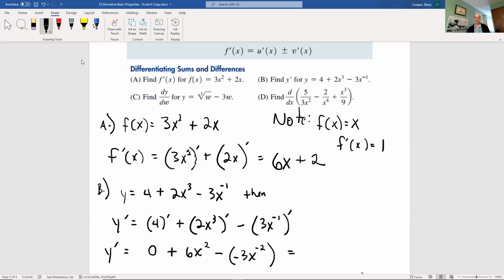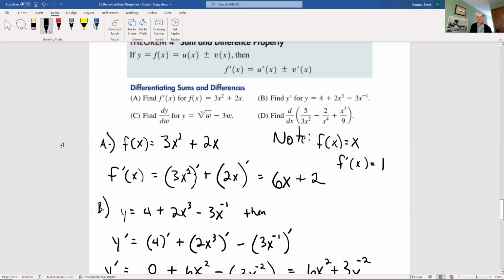So when I finally simplify this, don't worry about the 0, and we get 6x squared minus negative, so that's plus 3x to the negative 2. Okay, we're doing quite a lot of these, but I guess for the first go around, that's probably not bad.